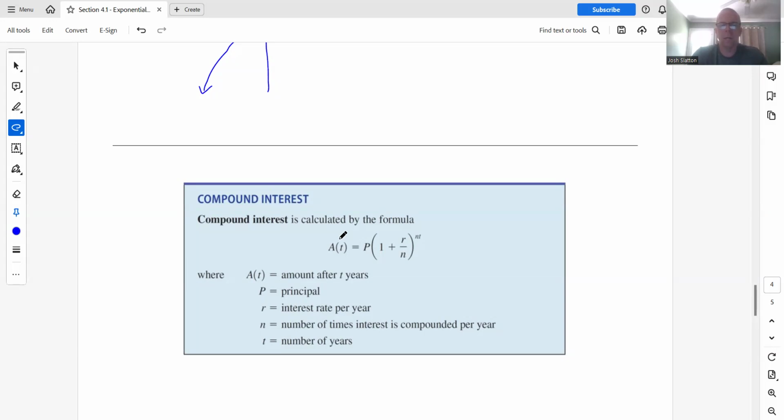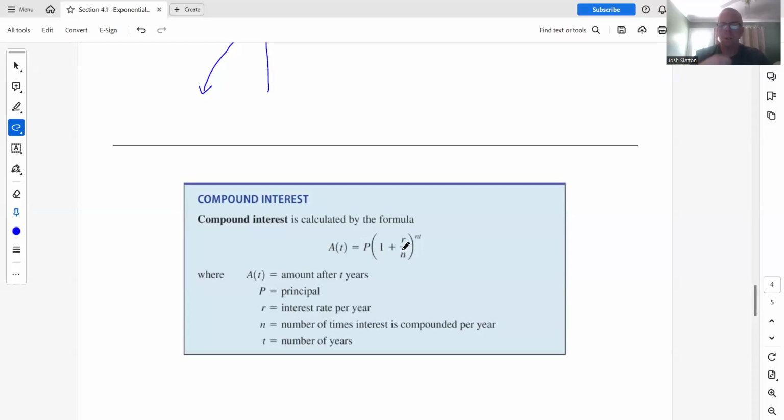Here we have A is going to be the ending amount, the accumulated amount. P is going to be the present value. R is going to be your rate, rate as a decimal, not as a percent. And then N is the compounding periods per year.